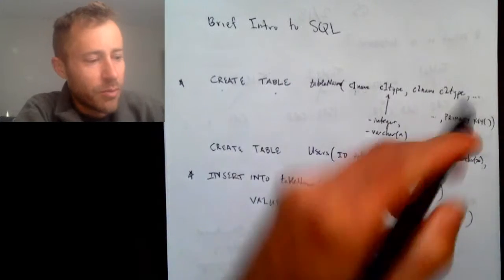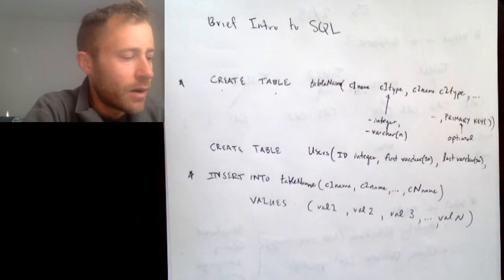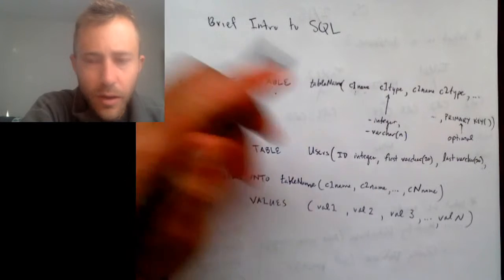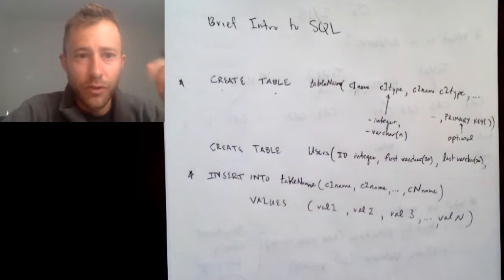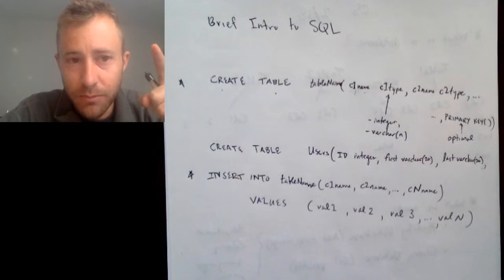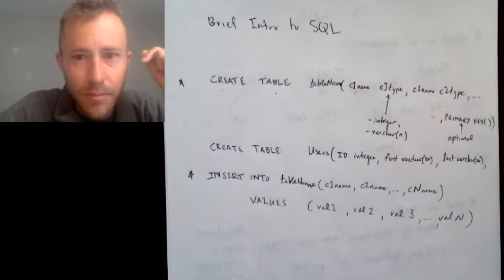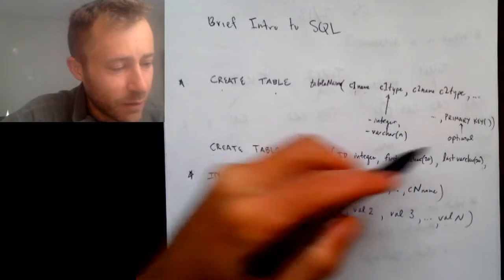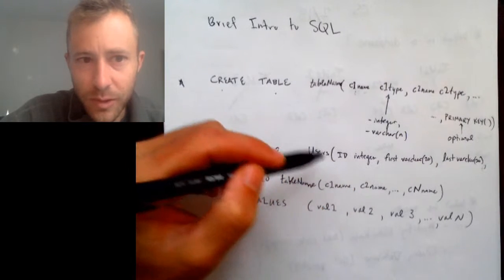But this primary key command is optional. So when you say something is a primary key, you are saying that, first of all, that value cannot be null. You must have that value in each row of the table. And secondly, each value within the table has to be unique. So it makes sense, right? You could have two people who happen to have the same name, but we need to distinguish them, so we'll distinguish them by their ID number.